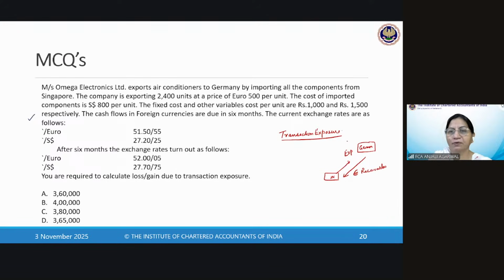But whatever you are exporting, you make by importing the components from Singapore. So from Singapore you are importing the components. Therefore, you're going to make the payments to them in Singapore dollars.